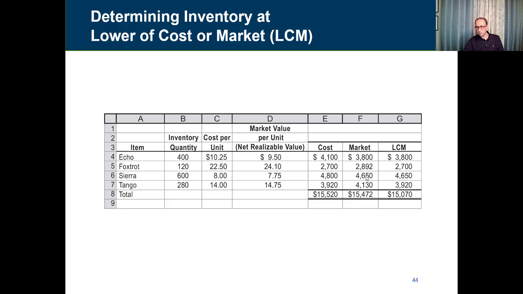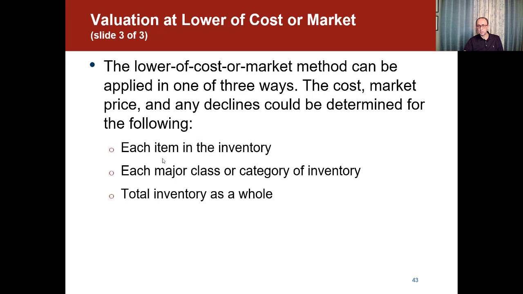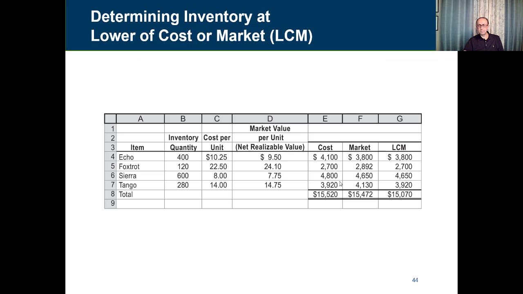We add these two values and get the lower of these and record them at LCM, and then we get the two major total values here, and that would be our LCM value. Again, this would be a categorical application of LCM, and we call that each major class or category of inventory. At this stage, I really want you to know the two extremes, which is going item by item or going with the totals as I just did at the very beginning.